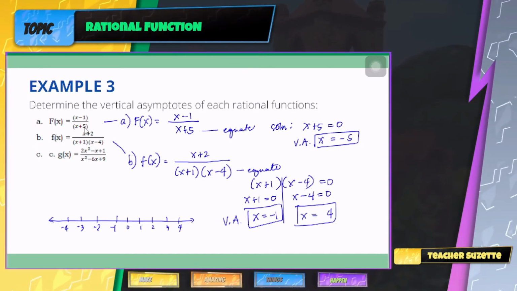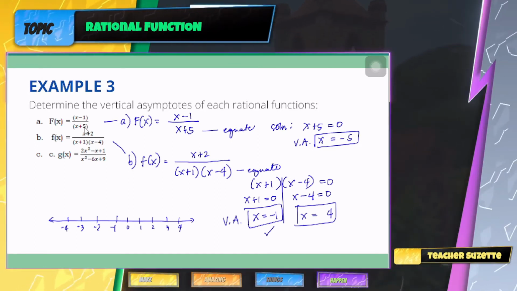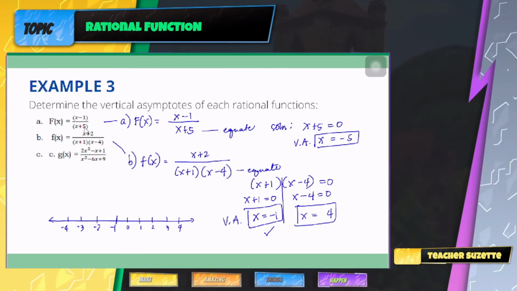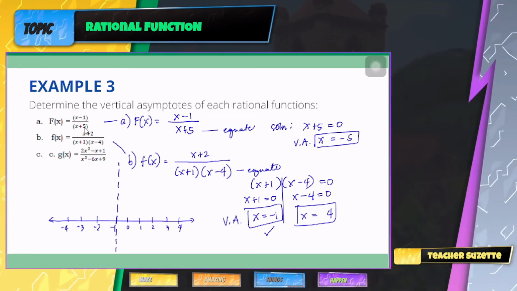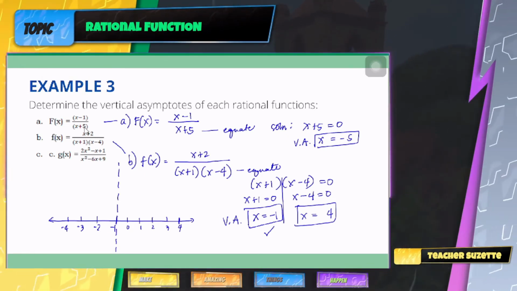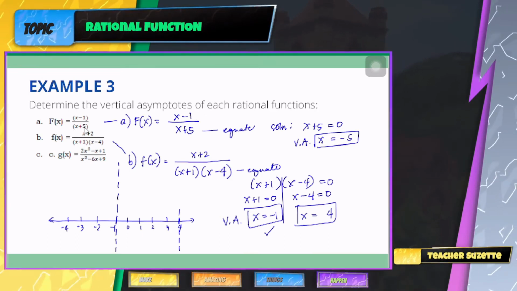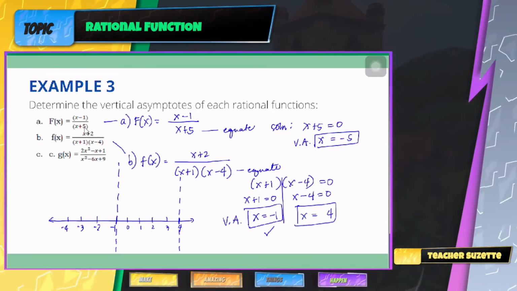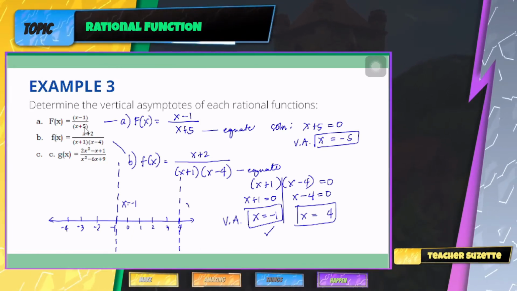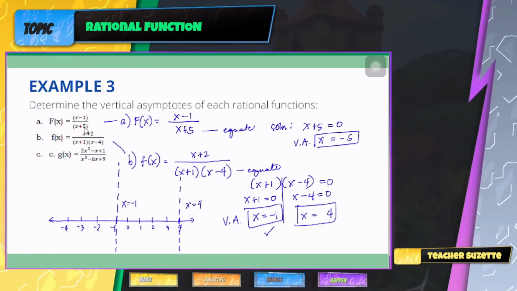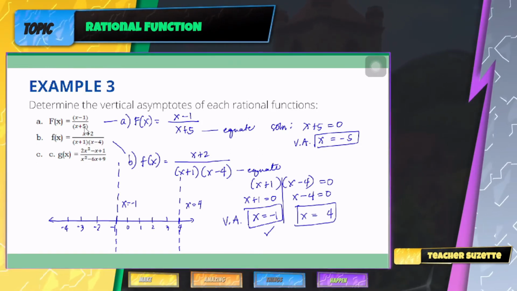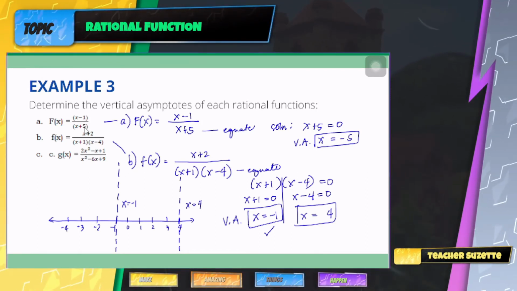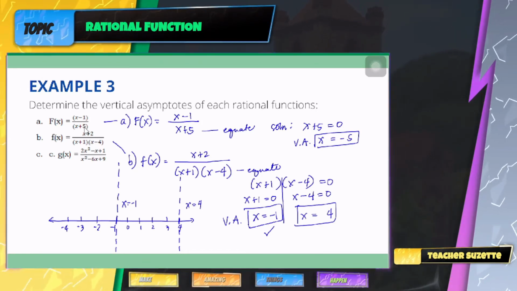Let's graph the equation x is equal to negative 1. We just draw an imaginary line. Then for 4, likewise, x is equal to 4. After graphing, this is the look of our graph: this is x is equal to negative 1 and this is x is equal to positive 4. That is how your sketch of the rational function will look with respect to your vertical asymptotes. This is possible, and what will happen here is that you will have 3 divisions on your number line.